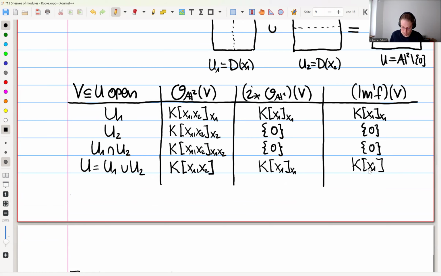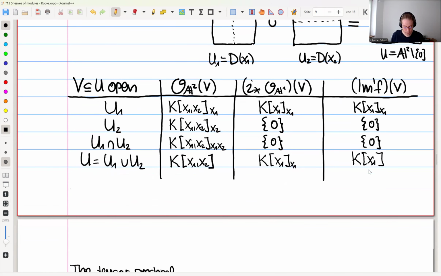These spaces are now all very simple. We can just take, for example, 1 over x1. This is a section on U1. So it's an element of im prime f of U1.